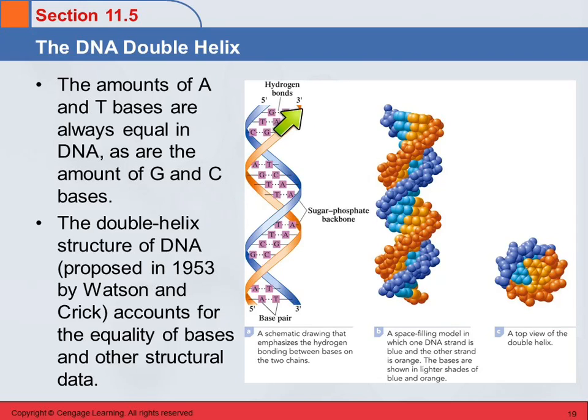So this again is the sugar phosphate backbone, and then the bases are going to be on the interior of this double helix. We saw an alpha helix with the proteins, and the side chains were on the outside. In the double helix, the bases are on the inside.